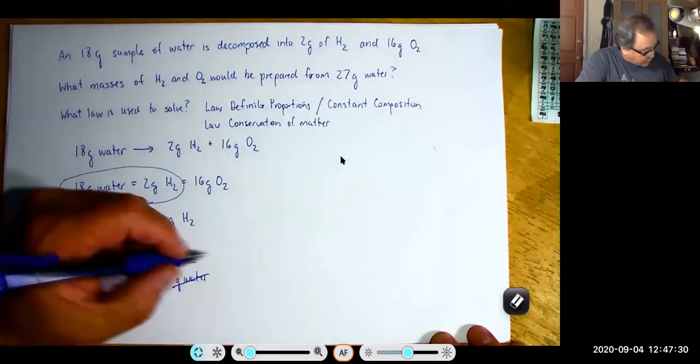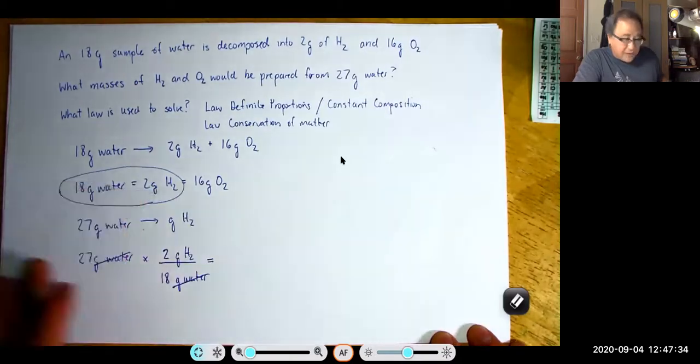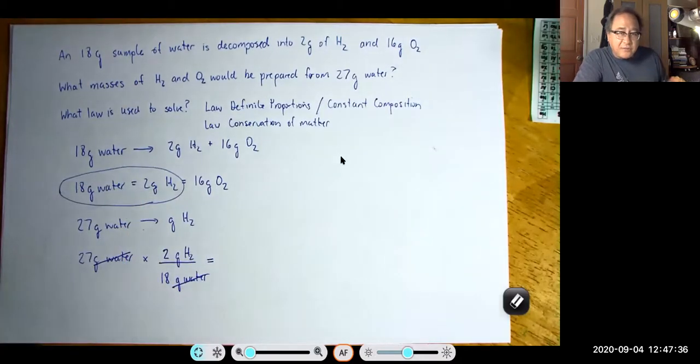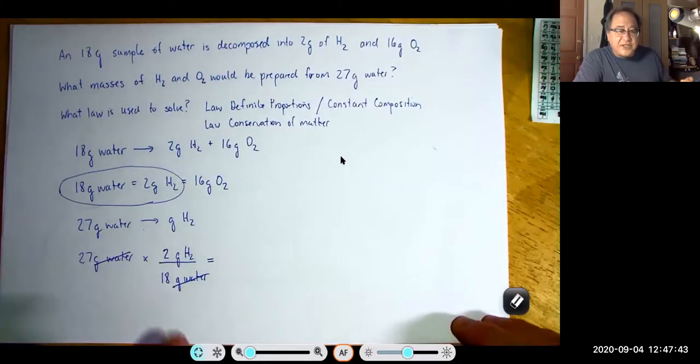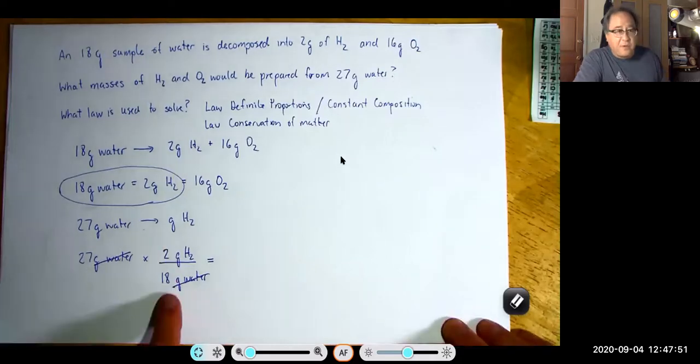So I would put 2 grams of hydrogen here, 18 grams of water, and this is really the law of constant composition or definite proportions that we're using here, where we're saying that, you know what, the percentage of hydrogen should be the same for 27 grams of water as it is for 18 grams of water. And here's that percentage for all practical purposes.